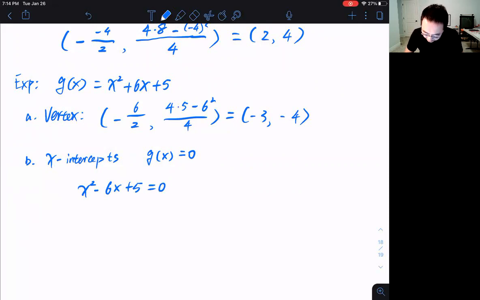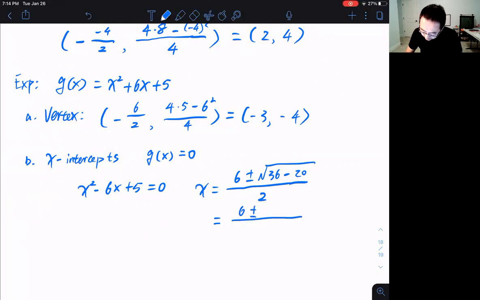So x equals negative b, which is positive 6, plus or minus the square root of b squared, 36, minus 4 times a and c, which is 20, divided by 2a, which is 2. So that gives you 6 plus or minus the square root of 16, which is 4, divided by 2. So x1 equals 6 plus 4 divided by 2, which is 5. x2 is 6 minus 2 divided by 2, which is 1.